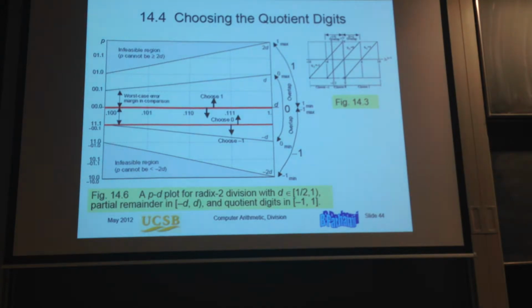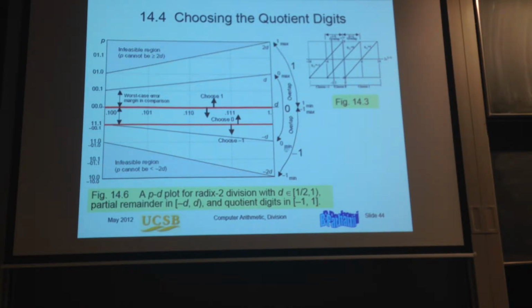Now, what do I see here? I see that whenever after the shift I am in this area, I do not have to do anything. Here I'm within the boundaries of the dynamic range of D. If I am in this area, including 0, I can choose a 1 and do a subtraction.